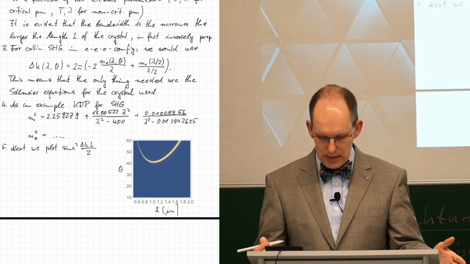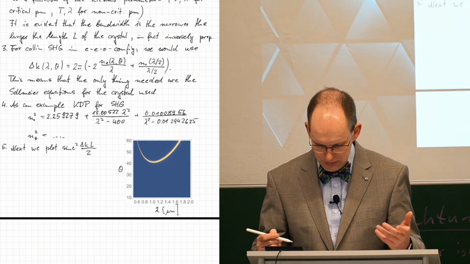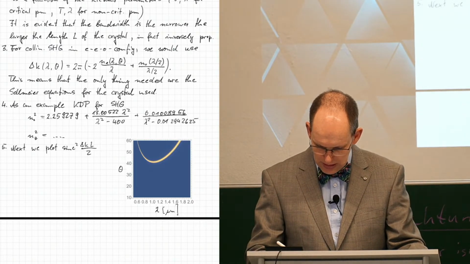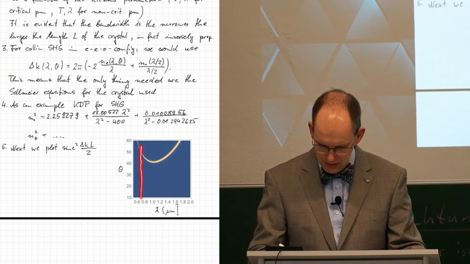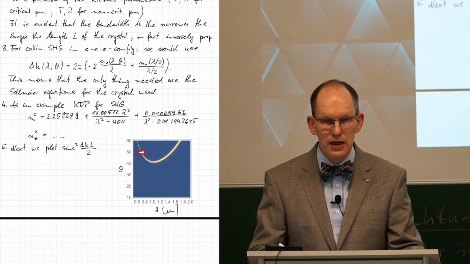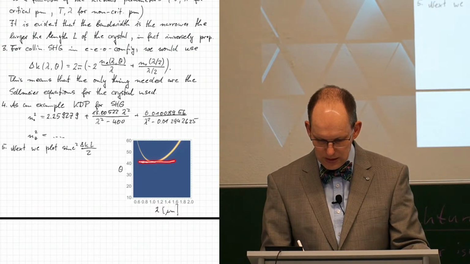And now it depends on which wavelengths you have chosen. It is clear that if you take, say, 650 nanometers, something like that, then the bandwidth is very narrow. On the other hand, close to the minimum here, it is of course very broad.